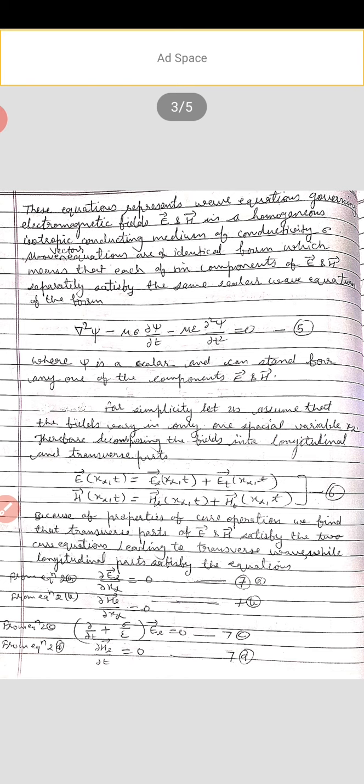From equation 2b we get del H_L by del x alpha is equal to 0. And from equation 2c we get (del by del t plus sigma upon epsilon) into E_L is equal to 0. Similarly, from equation 2d we get del by del t H_L is equal to 0.